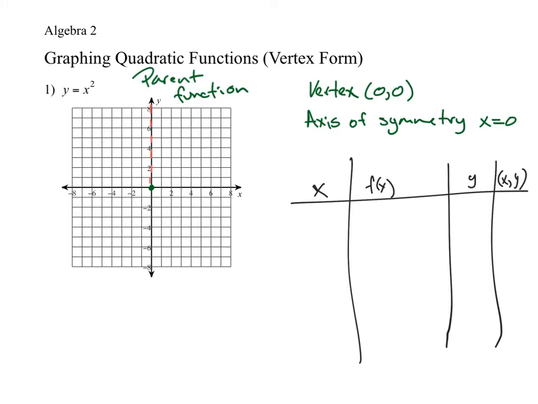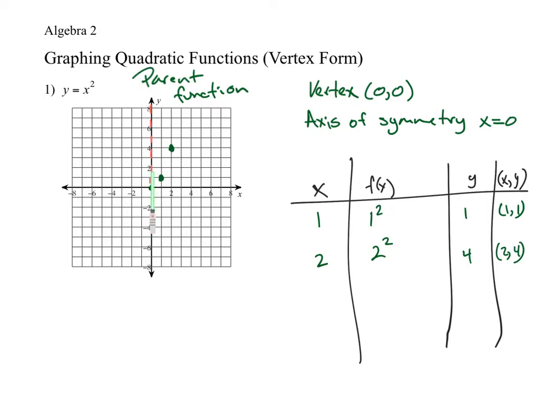So I'm going to substitute x equals 1. I have 1 squared equals 1, so I have the point (1, 1). I'm going to mark that point right here. I'm going to do the same with 2. 2 squared equals 4, so (2, 4). (2, 4) is this point up here.